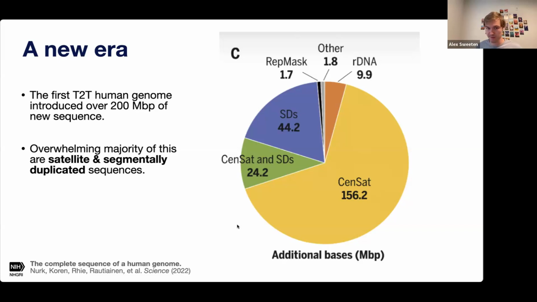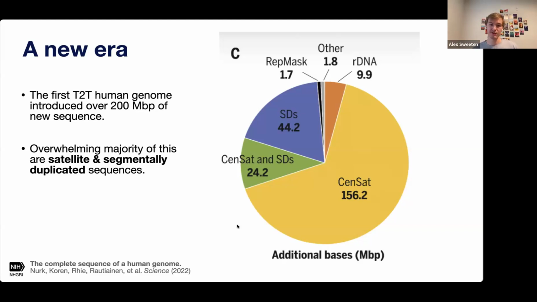The overwhelming result of this is that the regions that are new to this reference genome compared to what we couldn't see before are pretty much all repeats. The overwhelming majority are satellite and segmentally duplicated sequences. So SenSat regions, these are satellites that are apparent in the centromeres, make up almost 3/4 or 150 megabases of new sequence.